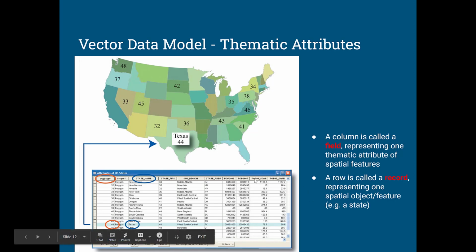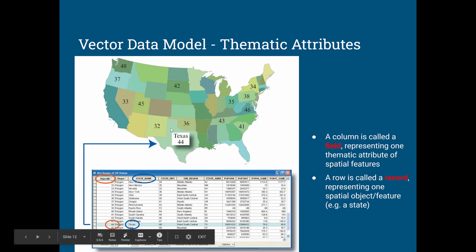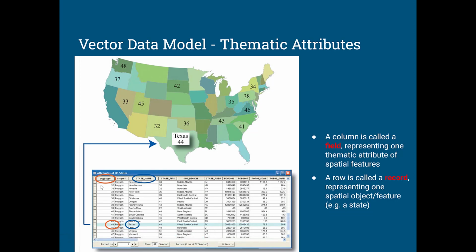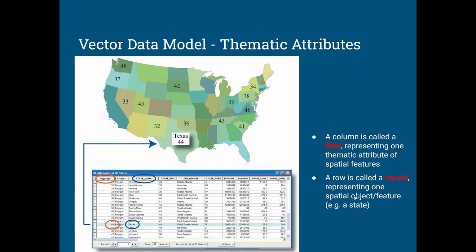Each column is a specific thematic attribute of spatial features, in this case, states. And each row is called a record. Each record is basically a spatial object or spatial feature, in this case, a state. So we just use this simple table to represent thematic attributes.